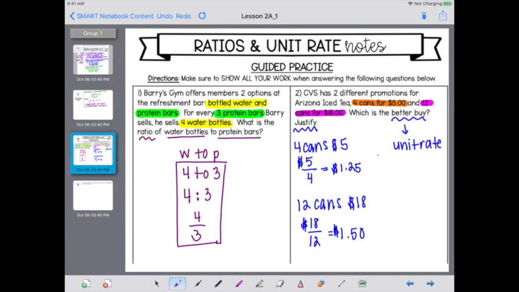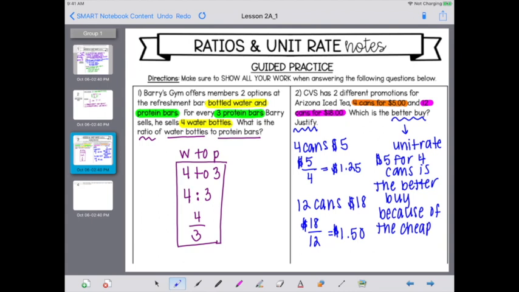So I would say $5 for 4 cans is the better buy because of the cheaper unit rate. If you want to justify it even more, you can say by how much, because of the cheaper unit rate, which was 25 cents less. That works as well.